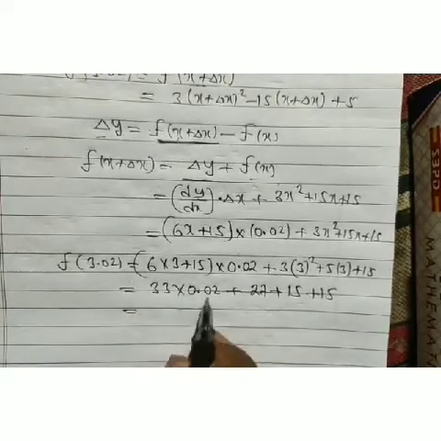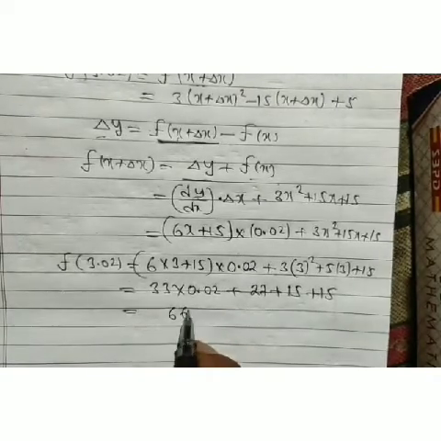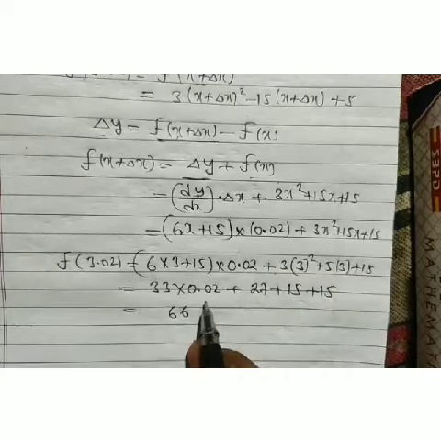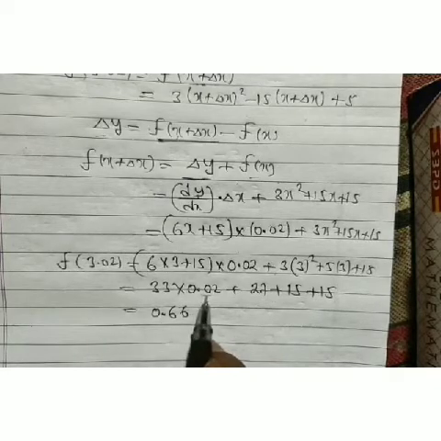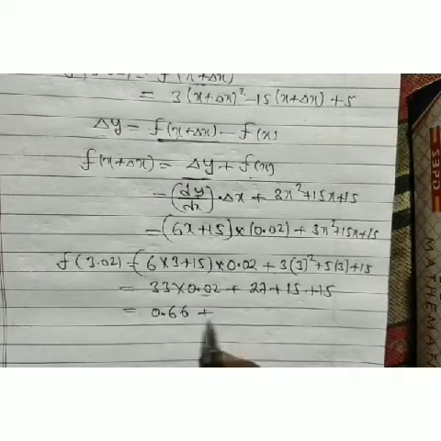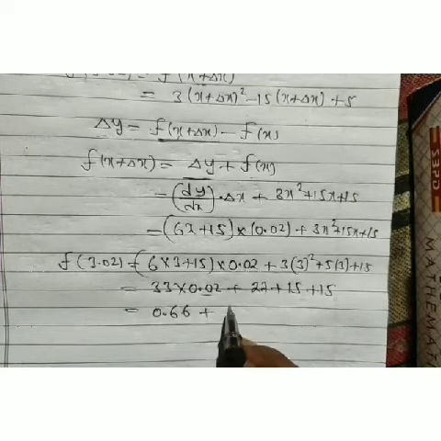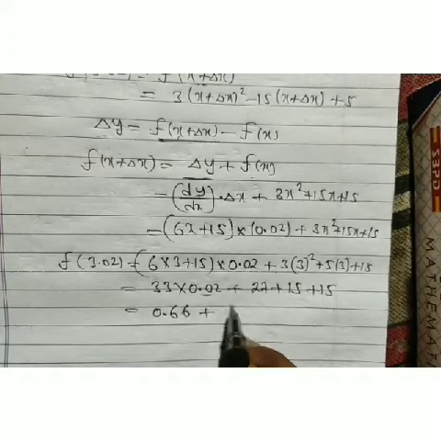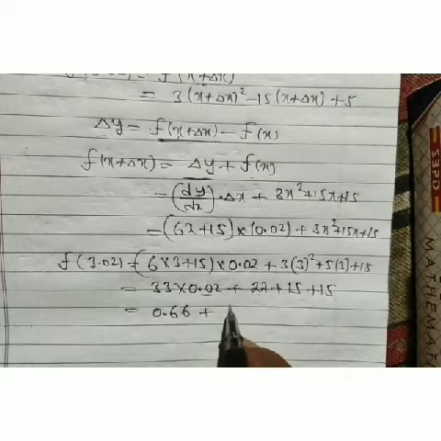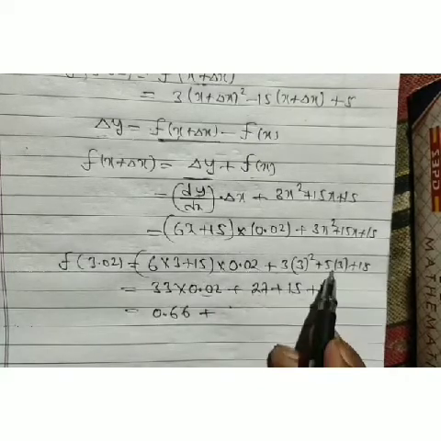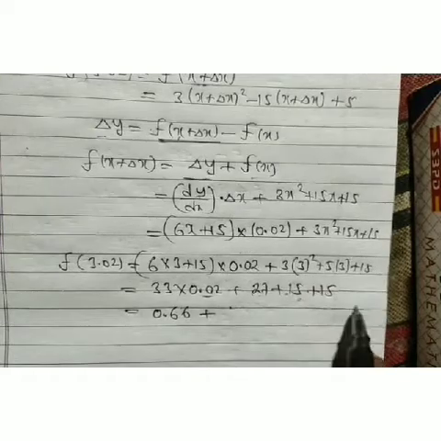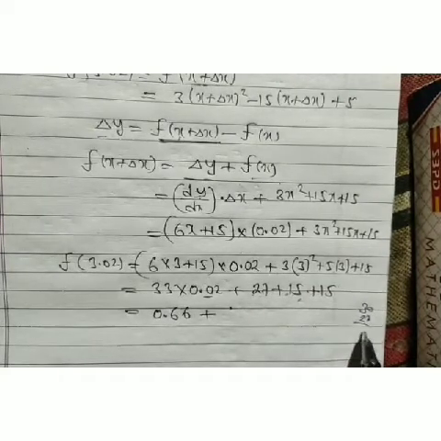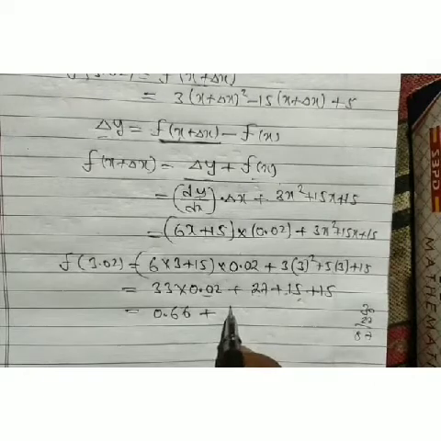Then we get 0.66 because it's decimal at two places there. Now 30 plus 27, we get 57 there.